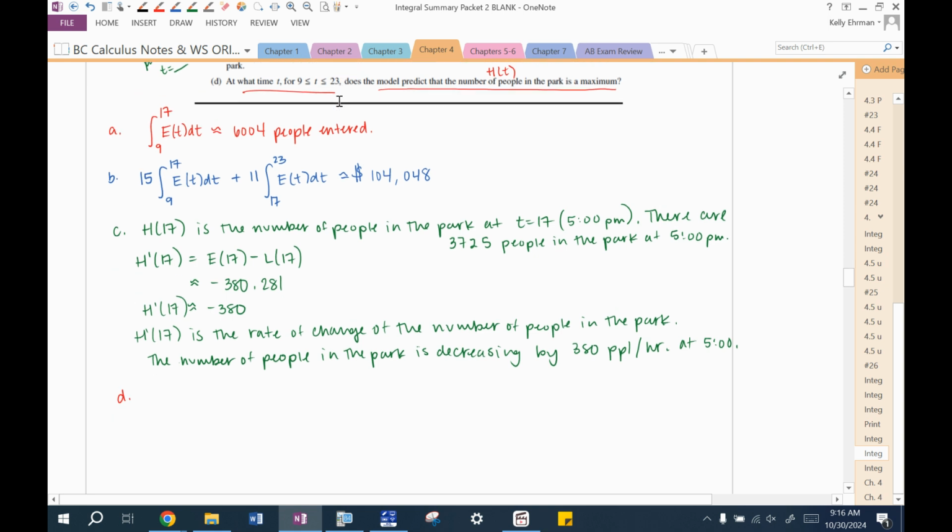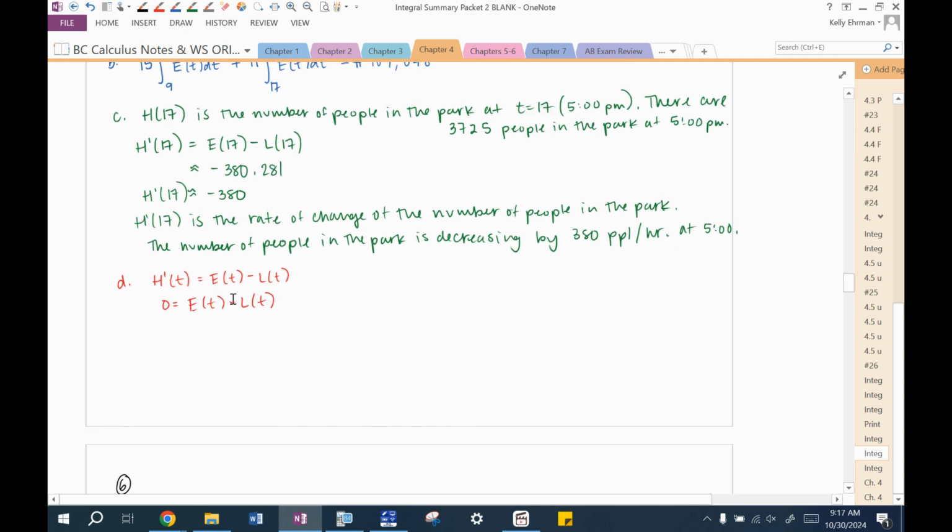So if I'm looking for a maximum, I can figure out, well, when does h prime of t have a critical number? Think first derivative test, right? So h prime of t is equal to e of t minus L of t. When is that equal to 0? That's also when e of t is equal to L of t.